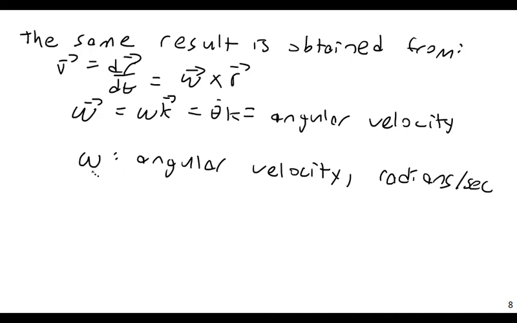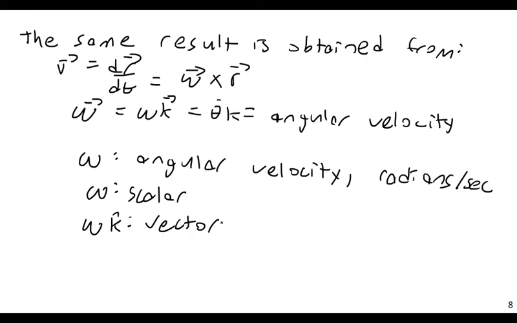When it's just omega, it's going to be a scalar. But if we want to actually make it a vector, I would need something like omega k. That would be your vector, essentially.